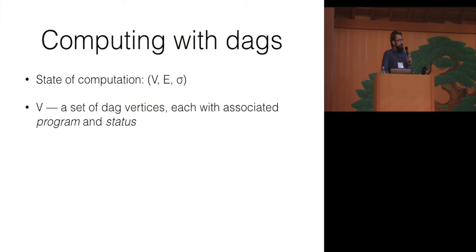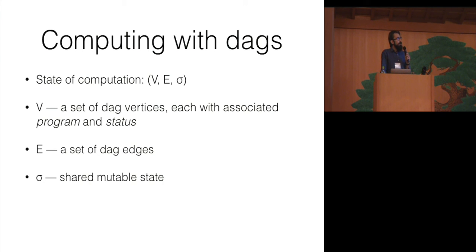Each also has a status, which records whether it can be scheduled or whether it has finished its computation already. The life cycle of the vertex will be mentioned in a minute too. E here is the set of DAG edges, so nothing particularly surprising. And we also have sigma, which is the shared mutable state.